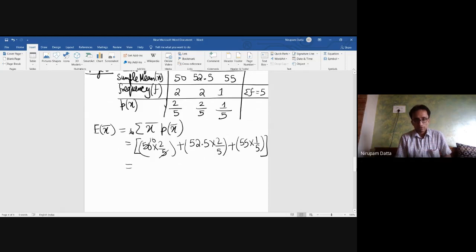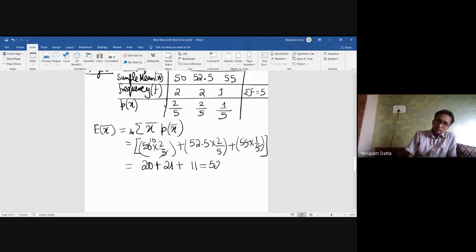The first term we get 20. Second term, 105 by 5, that is 21. Third term we get 11. So what is the expected value of the sample mean? 20 plus 21, 41. 41 plus 11, 52.